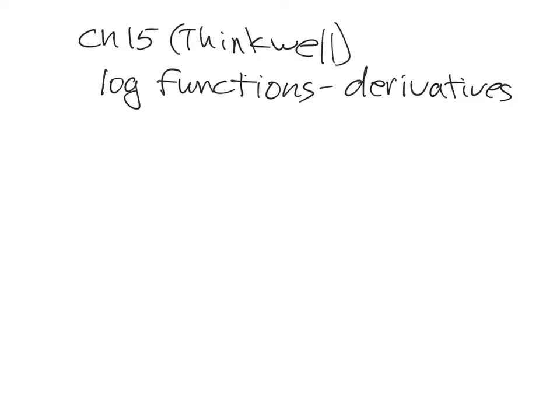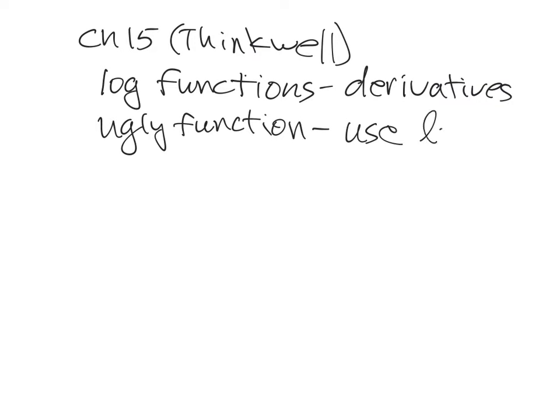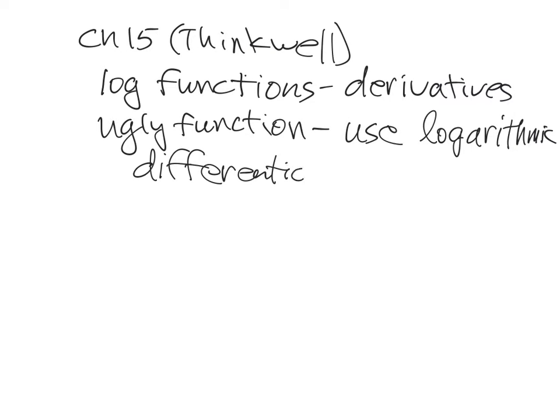Then we kind of stepped it up a notch and looked at a function, I'll say an ugly function, not necessarily a log function, but an ugly function, and using what we call logarithmic differentiation to find the derivative.